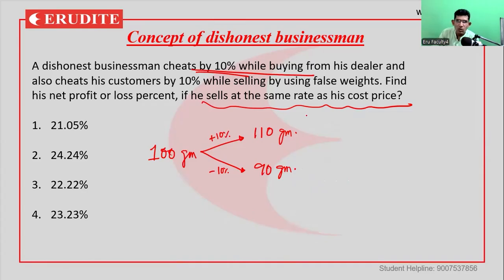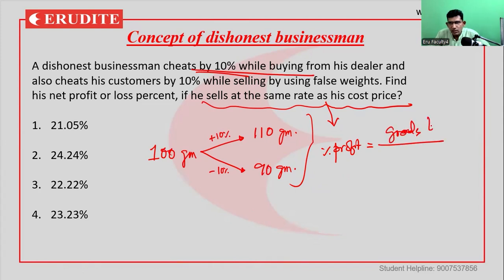So in this case, as he is selling at the same rate as his cost price, that means he is making profit with respect to his goods, right? He is not making profit with respect to price. He is making profit with respect to goods. So in this case, the percentage profit in terms of goods will be goods left upon goods sold into 100.